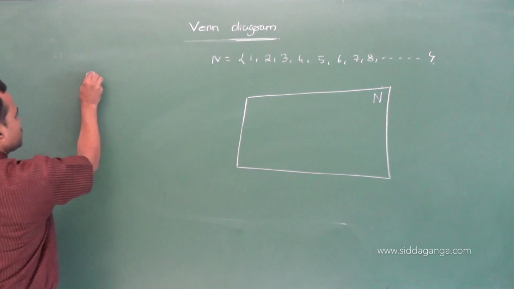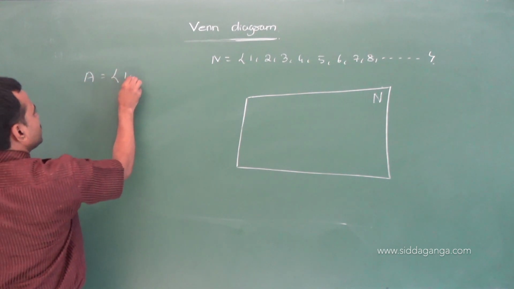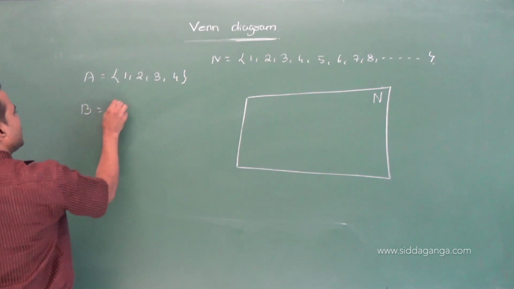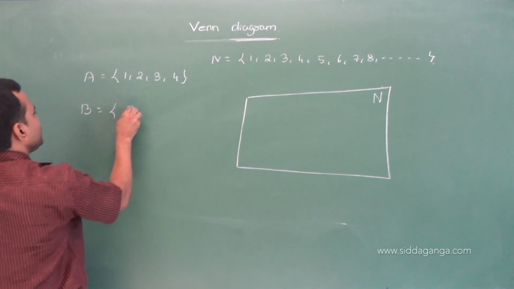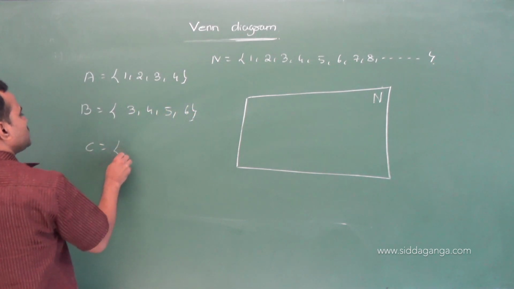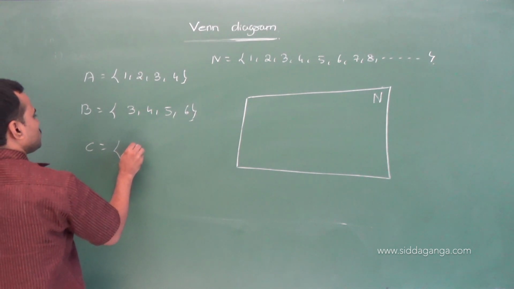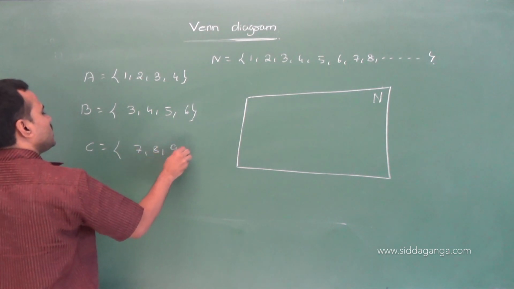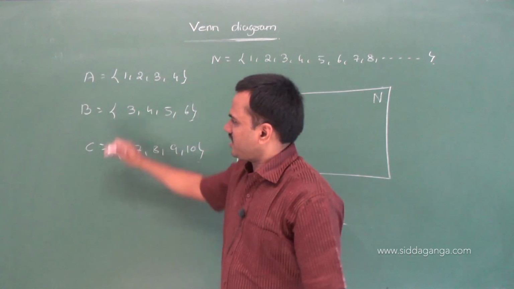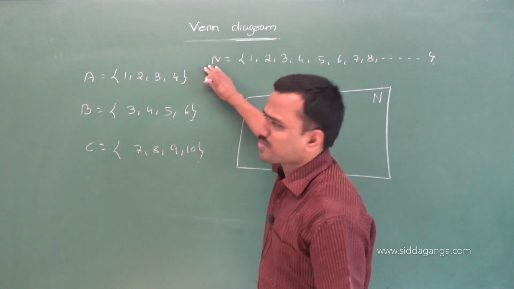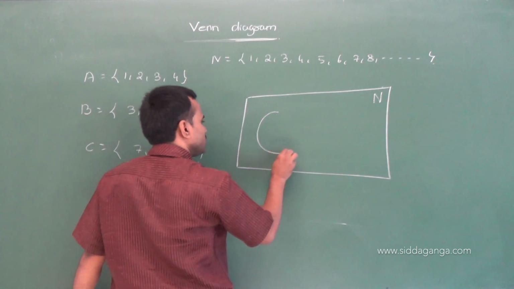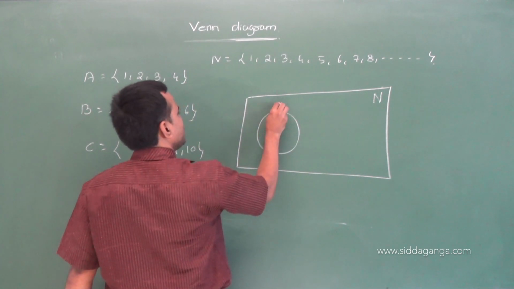I write here set A. A contains 1, 2, 3, 4. B contains 3, 4, 5, 6. C contains 7, 8, 9, 10. No doubt A, B, C are all subsets of the universal set. Here we represent them by circles. This is set A.